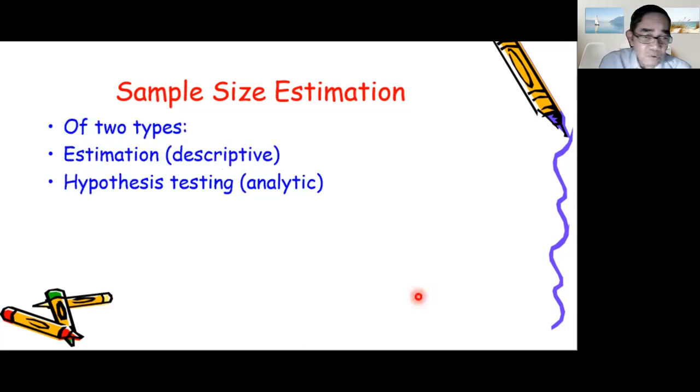Okay, so we have two types of sample size. As a matter of fact, there are many, but I will just zero in on these two types because these two types are the ones that are most often used. The estimation, that is for a descriptive objective, you are trying to estimate something, and hypothesis testing will be an analytic objective.